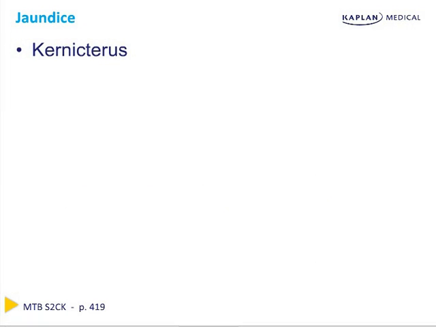Now, all this stressing of jaundice and bilirubin has to do with one thing, and that's kernicterus. Kernicterus is related to the toxicity of bilirubin in and of itself. Regardless of whether the cause of the jaundice and the hyperbilirubinemia is direct or indirect, or whether it's pathologic or physiologic, enough bilirubin in the system can lead to a terrible condition of kernicterus, which is a bilirubin encephalopathy.